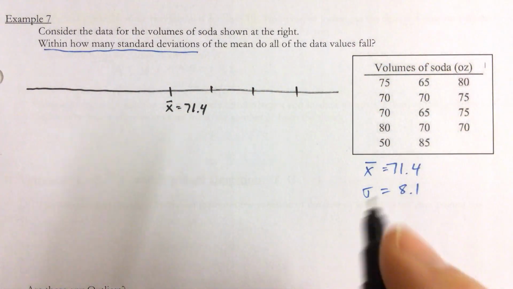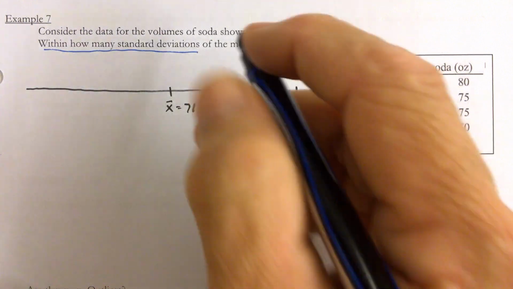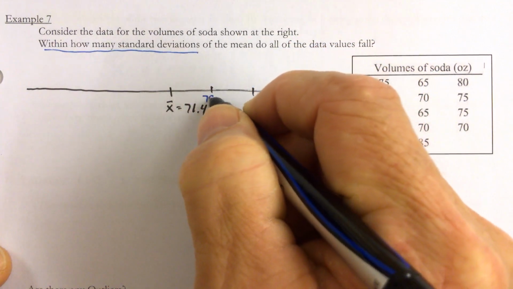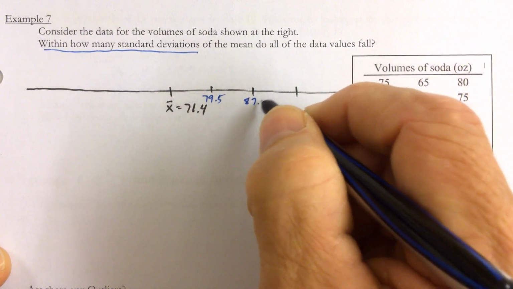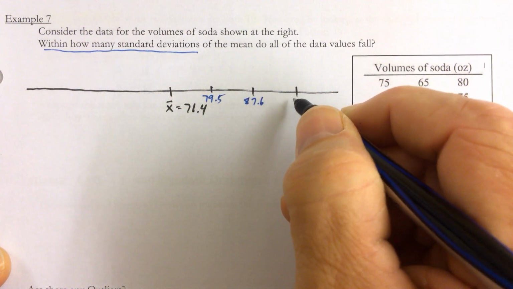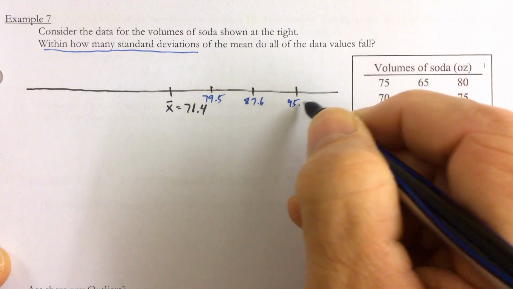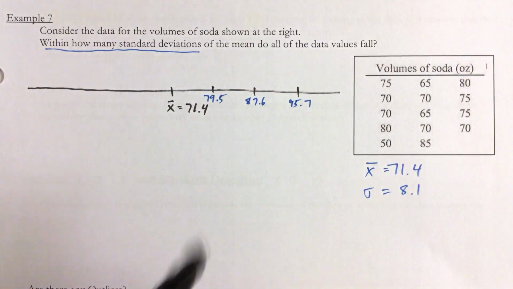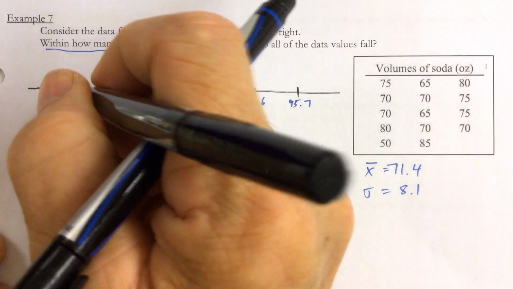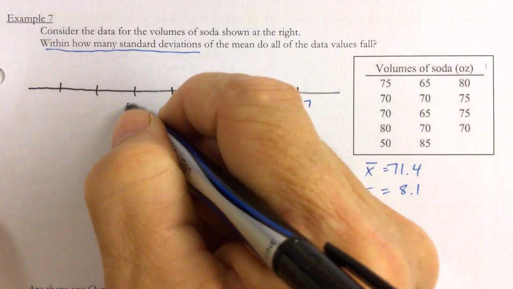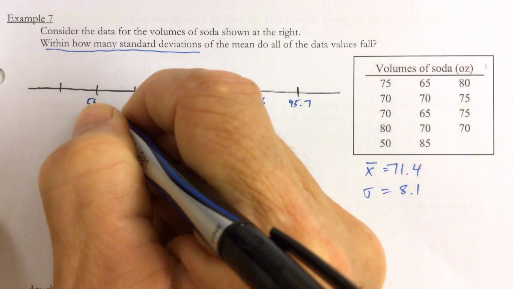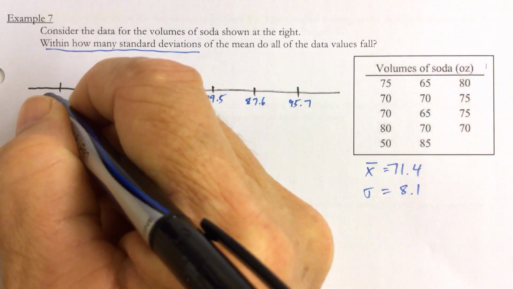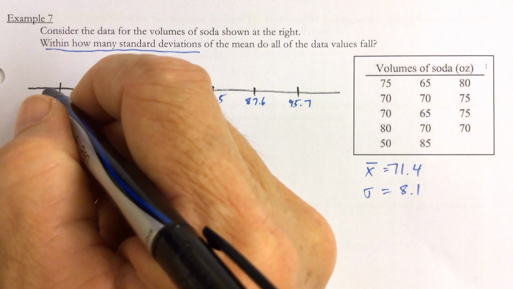If we add 8.1 to 71.4, we're going to get 79.5. And then we add 8.1 to that, we get 87.6. And then one more time, 95.7. If we subtract 8.1 3 times, we're going to get 63.3, 55.2, and 47.1.